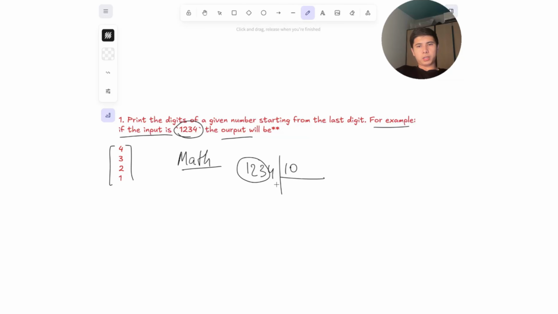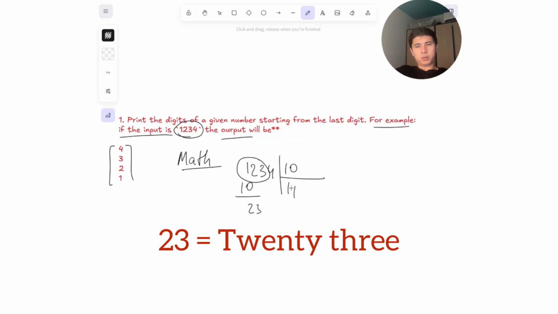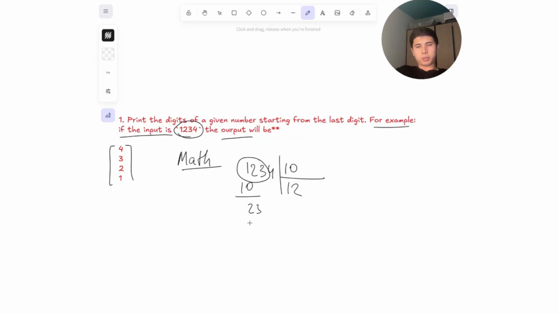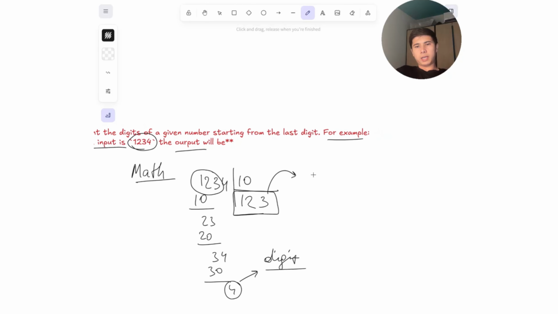123, multiplied by 10 is 1230, and the remaining part is 2. This is a remaining part or digit part. And the other remaining numerical part, again, we can divide by 10.